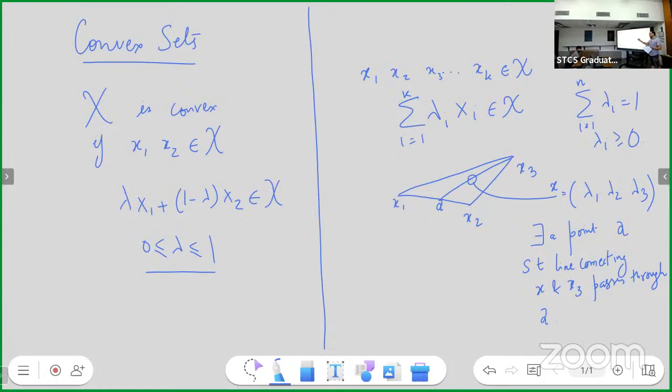What I want to show is that this point belongs to X, but I know A belongs to X by the definition for the pair x1, x2, and x3 by definition belongs to X. So this line also belongs to X, and any point lying on it also belongs to X. So it better be that this point also belongs to X.